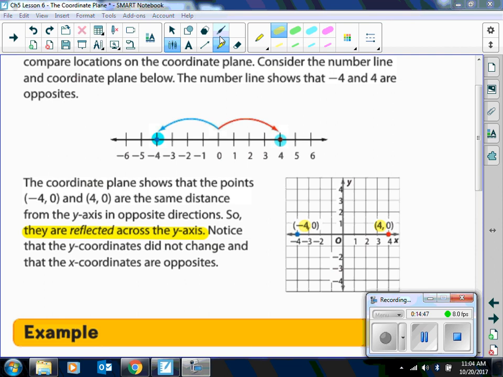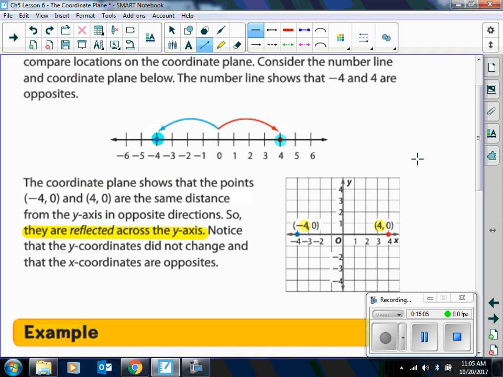In this example, we are reflecting across the y-axis. So go with me. Which axis is the y-axis? The up and down or the left and right? The up and down. The up and down is the y-axis. So here, let's say this is my y-axis right over here.